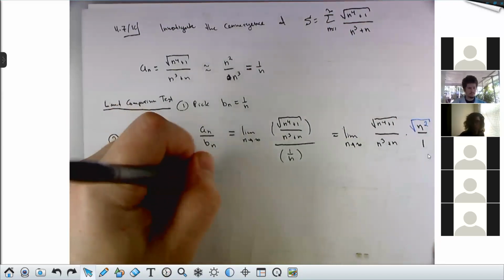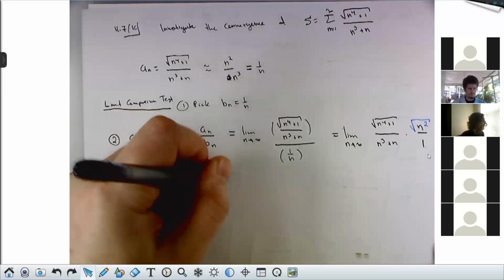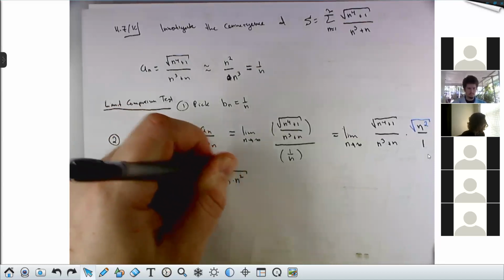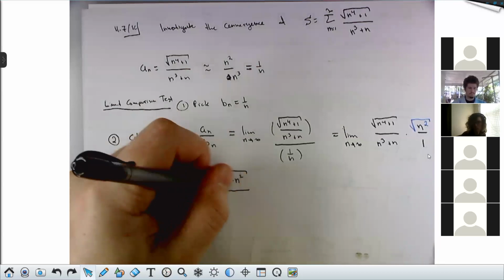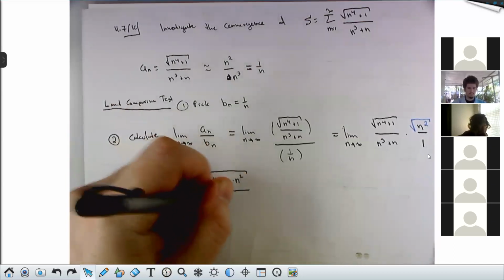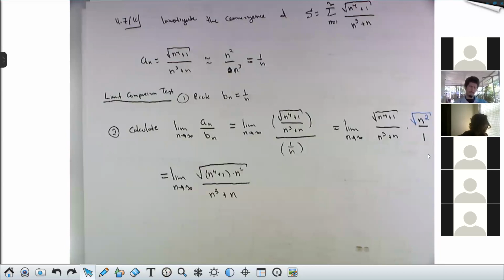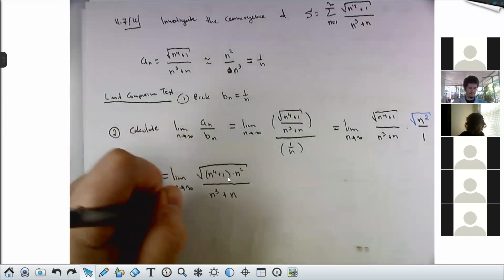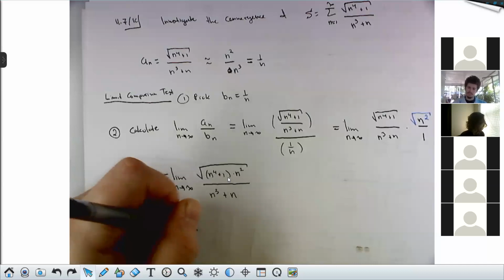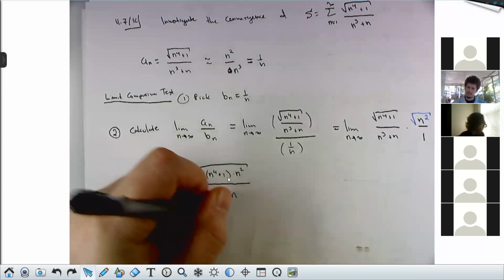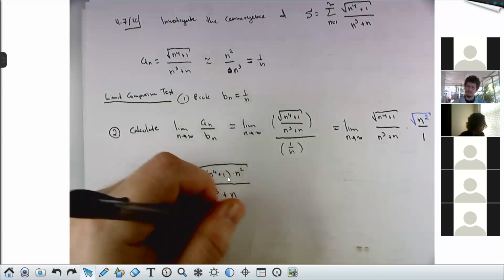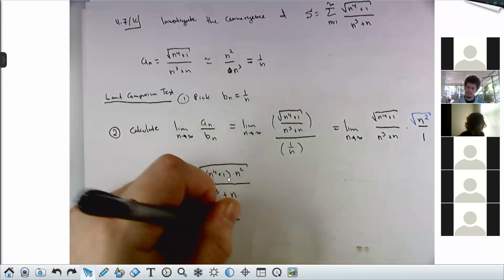So this is the square root of parentheses n to the 4 plus 1 times n squared all over n cubed plus n. Then you can distribute this term, so you get n to the 6 plus n squared over n cubed plus n.